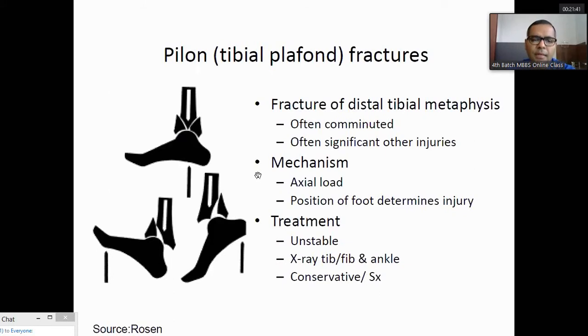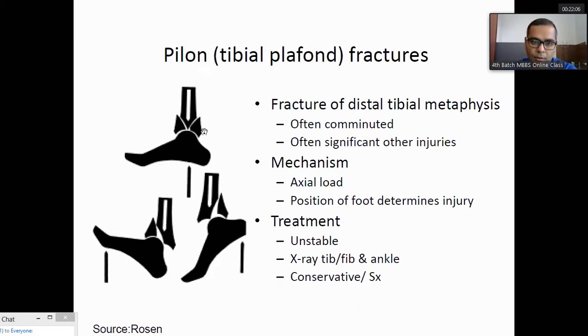So what is the mechanism? Generally, when there is axial loading at the ankle, either in the dorsiflexed foot or the plantar flexed. When there is high velocity in the axial, neutral rotation, neutral flexion, plantigrade position also, then it can split the distal pylon or plafond.